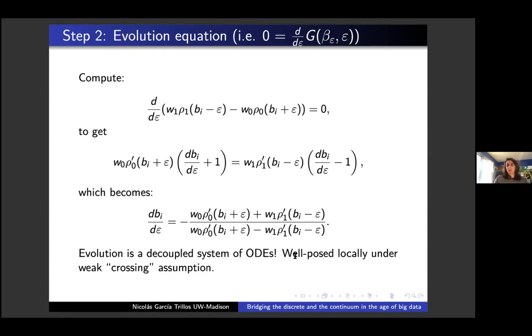The condition that we need to guarantee that this is not going to blow up, at least at epsilon 0, is this weak crossing assumption. It means that when the distributions rho 0 and rho 1 intersect, they should intersect like this as opposed to tangentially.